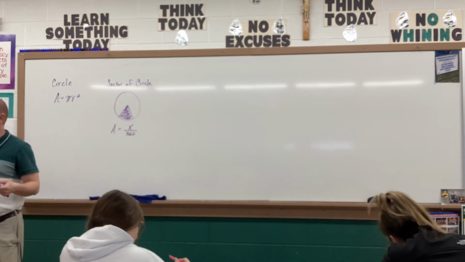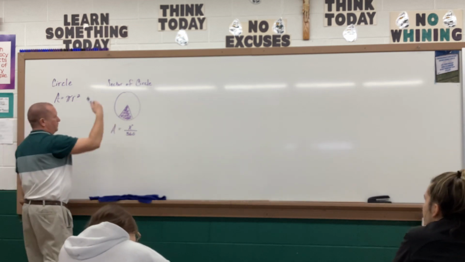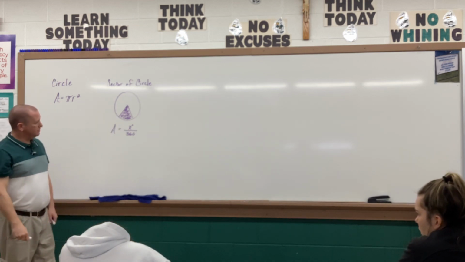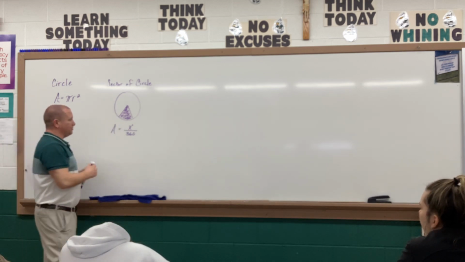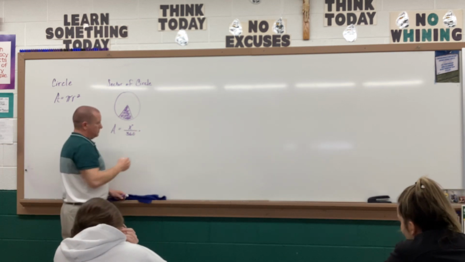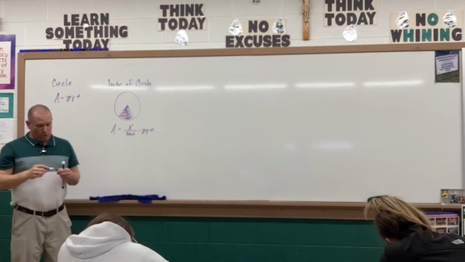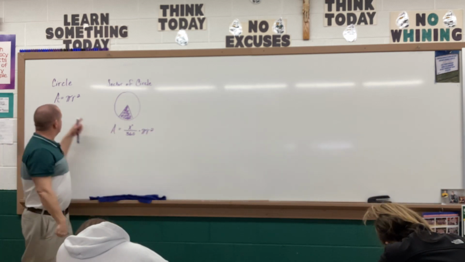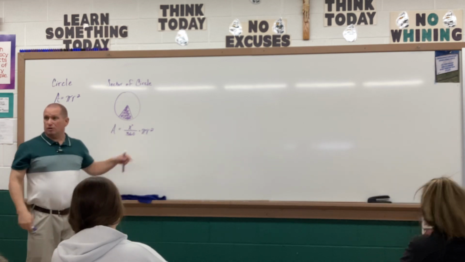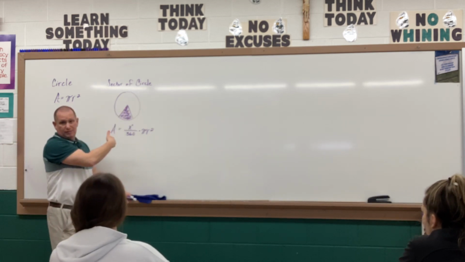So the number of degrees that I have for my particular piece of pie or whatever. And then we have to still multiply this times what? The whole circle, pi r squared. So pi r squared is still going to be involved because that's the area of a circle. But now we're going to use this fraction to just show the sliver that we're talking about.